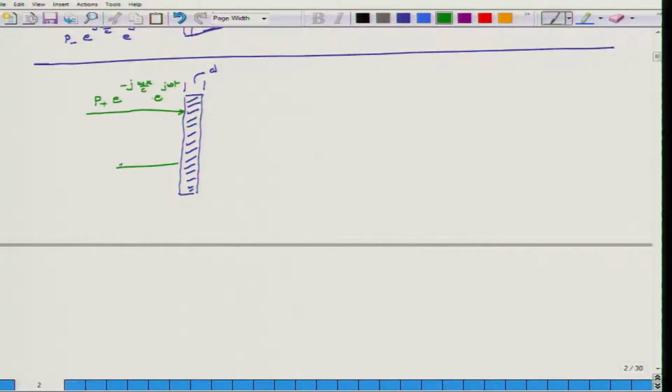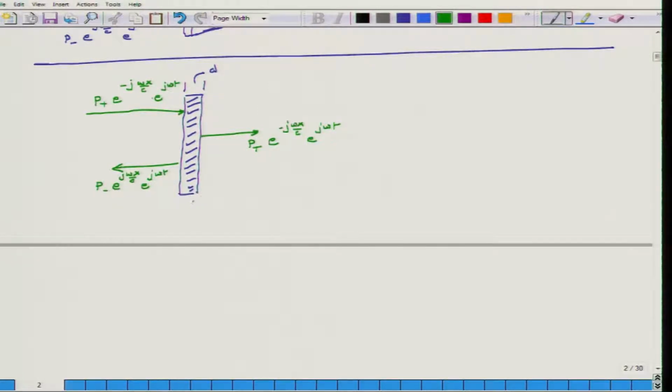There is a reflected wave, P minus e to the j omega x over c e to the j omega t, and then we have a transmitted sound pressure, which is Pt e to the minus j omega x over c e to the j omega t.